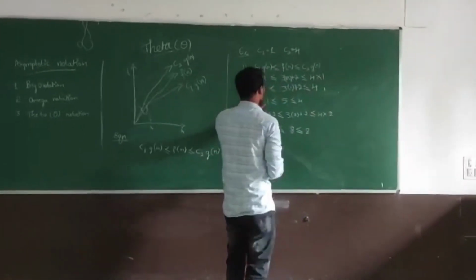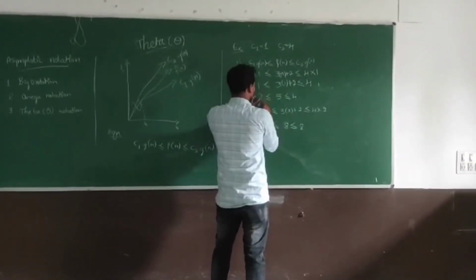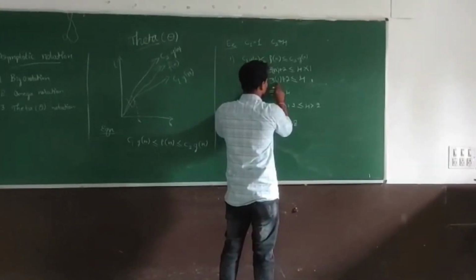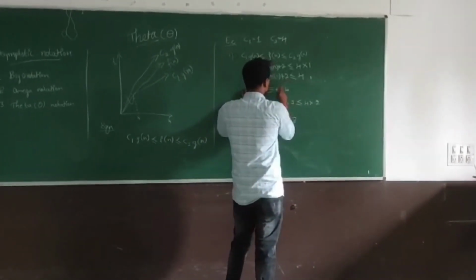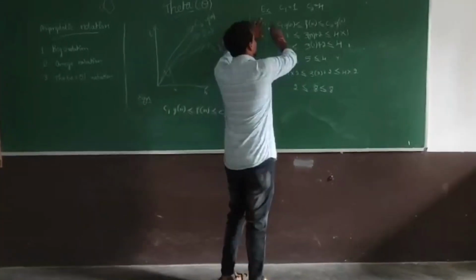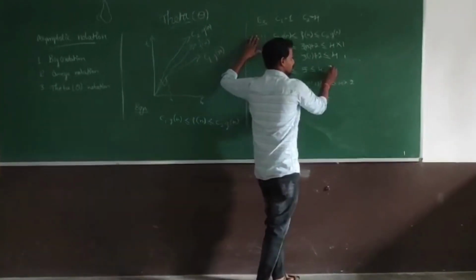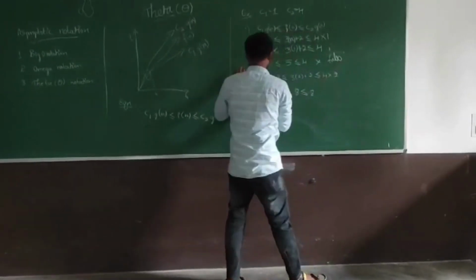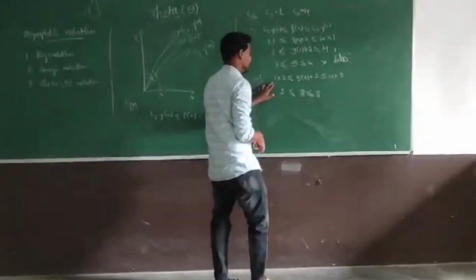The left side is 1, 3 into 1 plus 2 gives 5, and the right side is 4. So example 1 is not satisfied. The condition is false.